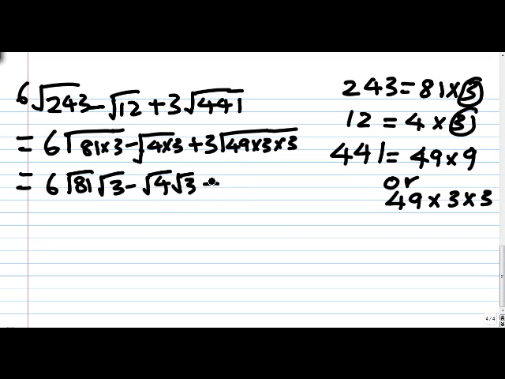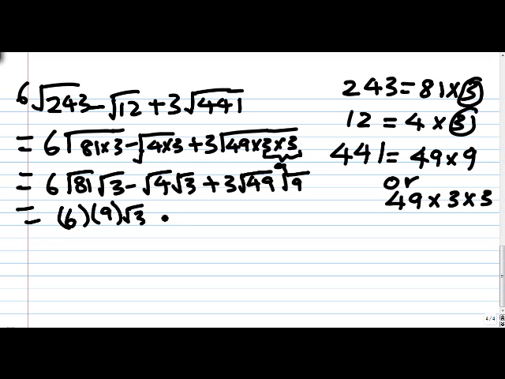Plus 3 square root 49, and 3 times 3 is 9, so square root 9. Now you square root 81, you get 9. So 6 times 9 square root 3.